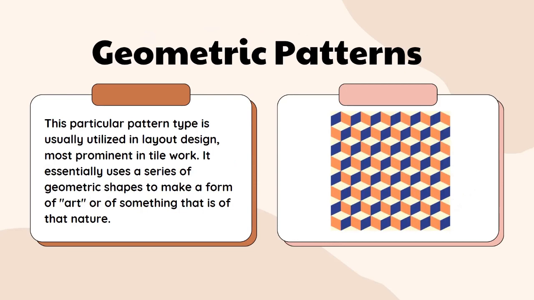Moving on, the next example would be geometric patterns. This is an example, but if I were to give another example, it would be architecture. Architecture in general uses a lot of geometric patterns. An example of which would be the different buildings present in our very own campus.